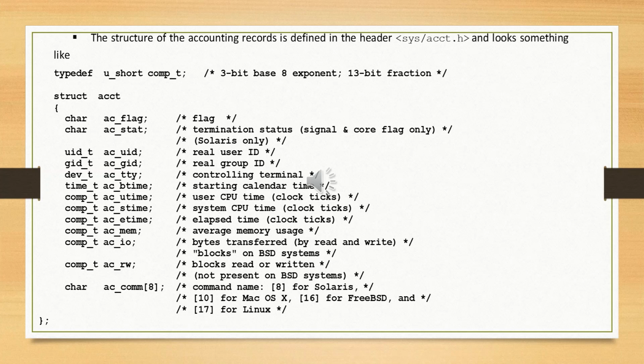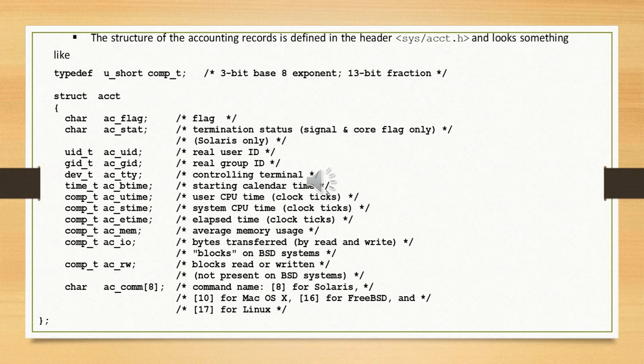Then ac_etime is the elapsed time, how much time is taken for execution of the corresponding process. Then ac_mem is the average memory used.